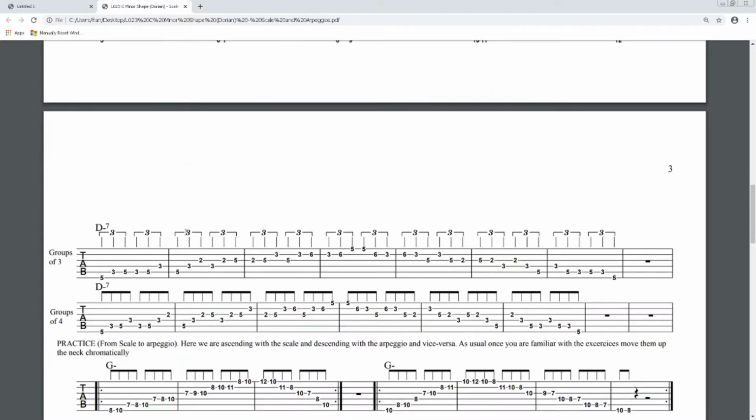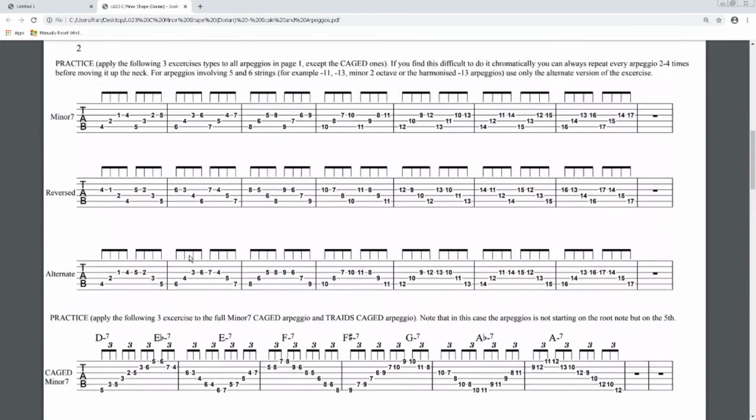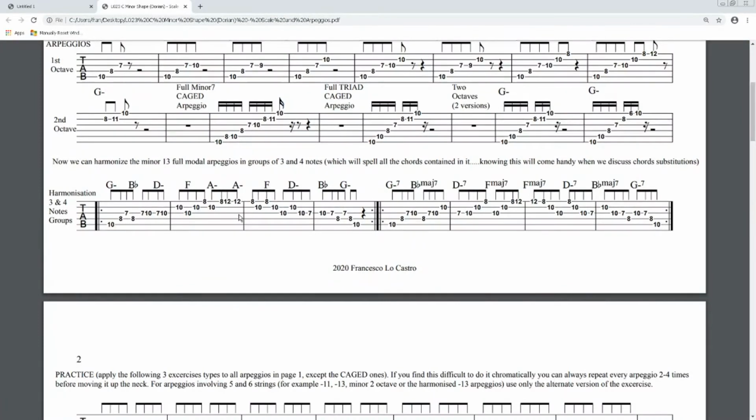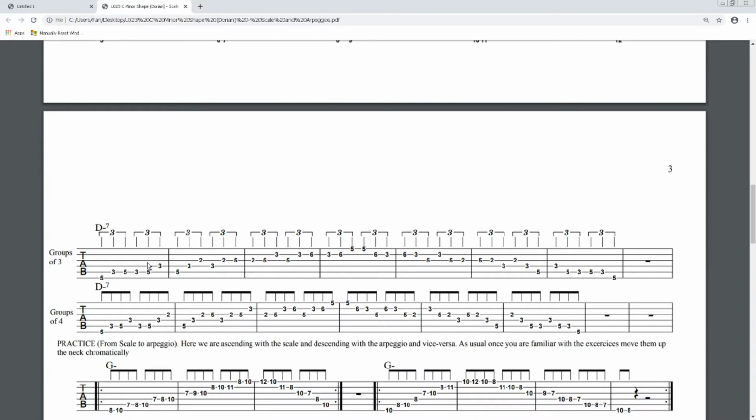Again, group of 3, group of 4. Don't confuse this group of 3 and group of 4 with the harmonized version. This is also played in group of 3 and group of 4 notes, but here I'm spelling the entire minor 13 arpeggio. That's why you have all these chords. In this case, I'm not spelling the minor 13. This is basically the minor 7, or the triad played in group of 3 and group of 4.